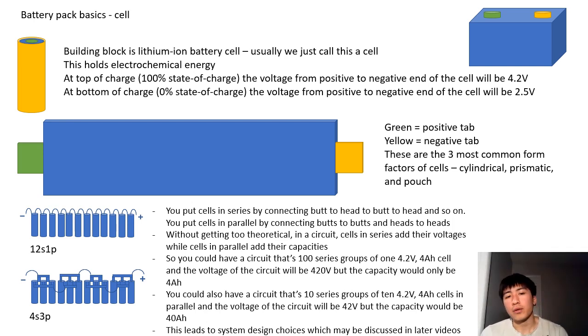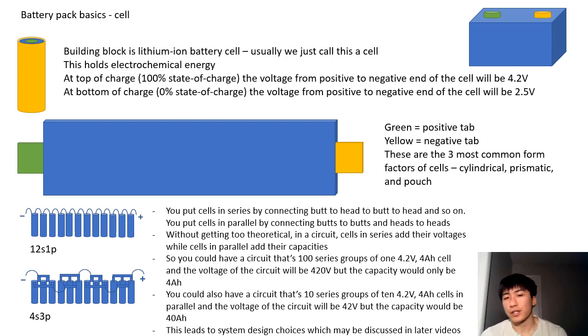So for example, you could have a circuit that's 100 series groups of one 4.2 volt 4 amp hour cell, and then the voltage of your circuit will be literally just 100 times 4.2, 420 volts, but the capacity would only be 4 amp hours because they're all connected in series.